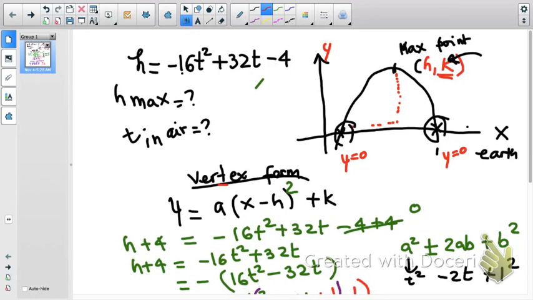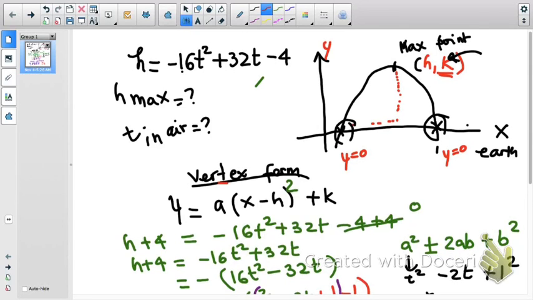And that's what we're interested in, because when the ball leaves the earth and gets back to earth, if we can know this x coordinate, then we know how long the ball was in the air, basically. Okay, so it shouldn't take us long to do this one.